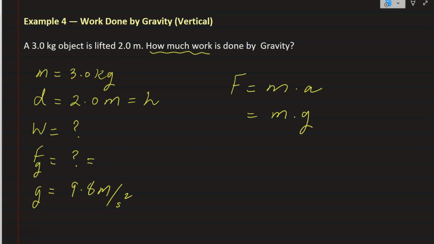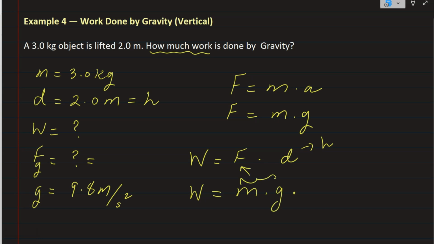And once we have that, this is F. Now we can incorporate the work formula, which is F times D, and that is W is equal to, oh, by the way, again, D could be H, height. We're going to deal with that a little bit later on, in the next lesson actually. But here, we can rewrite this as mg, which is force right here, and then times h.